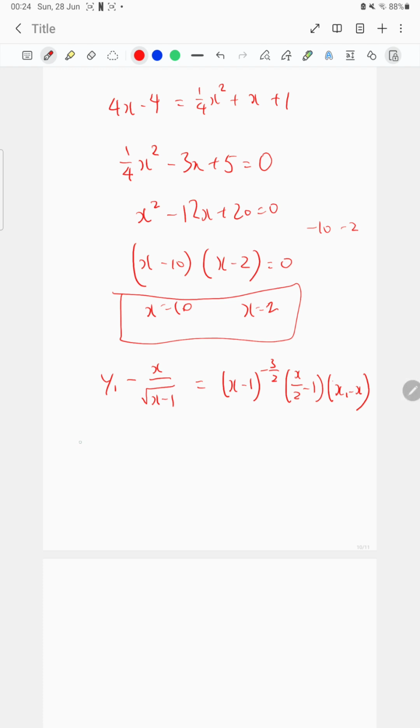So, let's say x equals 10. Let's consider the first answer. So, y1 minus 10 over square root of 10 minus 1, which is 9, equals x minus 1 to the power of negative 3 over 2.